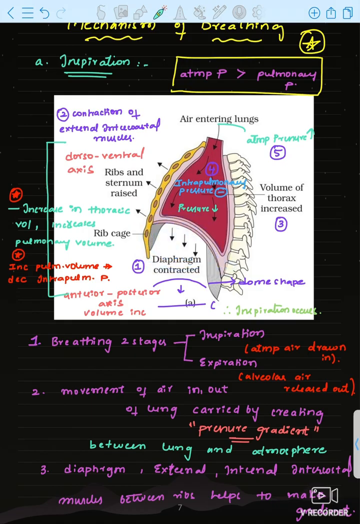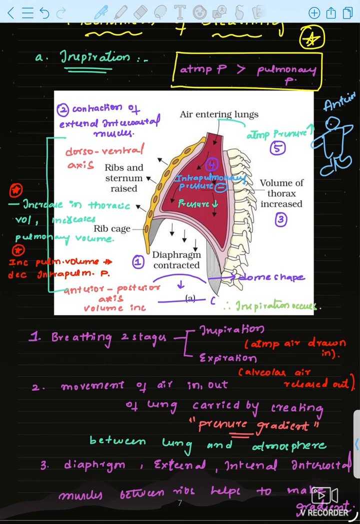It is the anterior-posterior axis volume. We know that this is a human. Please imagine it is a human. I told you, the anterior opening is the mouth and the posterior opening is the anus. So this is the anterior side, and below is the posterior side. The front side is ventral and the back side is dorsal.